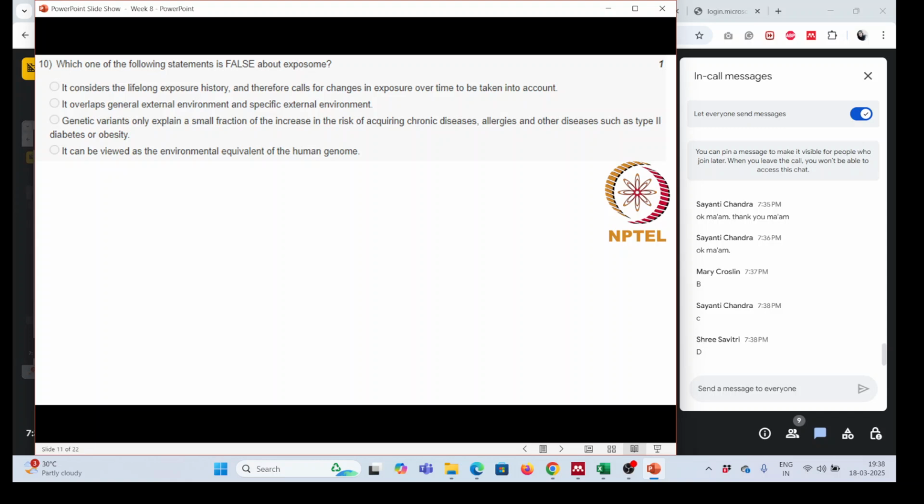People are giving all the options. The correct option is option number B. The false option is that it overlaps general external environment and specific external environment. So option B is the one which is false. Other things are true. Please note it down so that we can move forward to the next one.